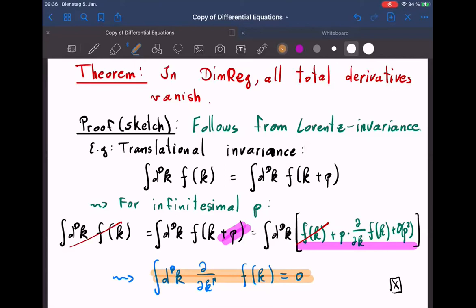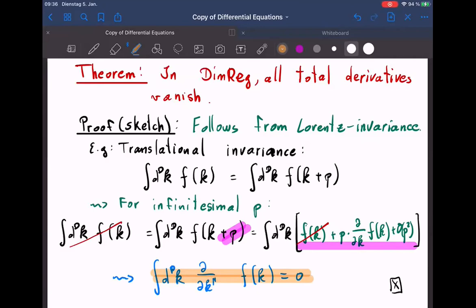You can also see it as follows. You know that if you have a symmetry in quantum mechanics, it means that you leave your system invariant. If you go to the Lie algebra, to the generators of the Lie algebra, if the symmetry group leaves it invariant, the Lie algebra will kill the object.